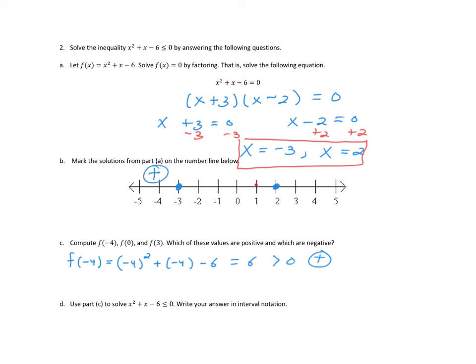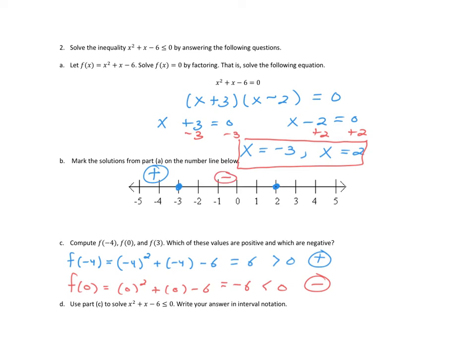Now, what if I choose a number in between here, like 0? If I look at f of 0, again, plugging that into the function, that is 0 squared plus 0 minus 6. And if I do the math on that, I get -6. All right, this is negative. It's less than 0. So here it's negative.